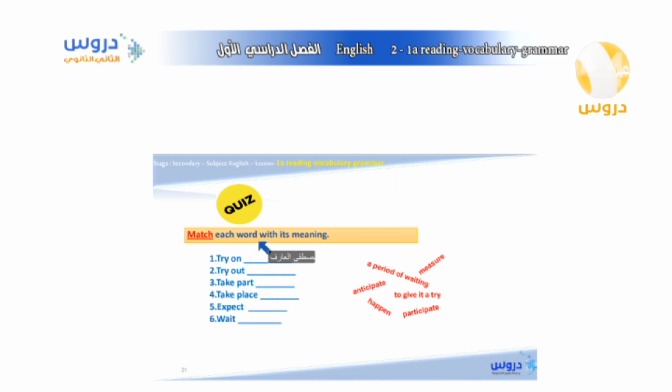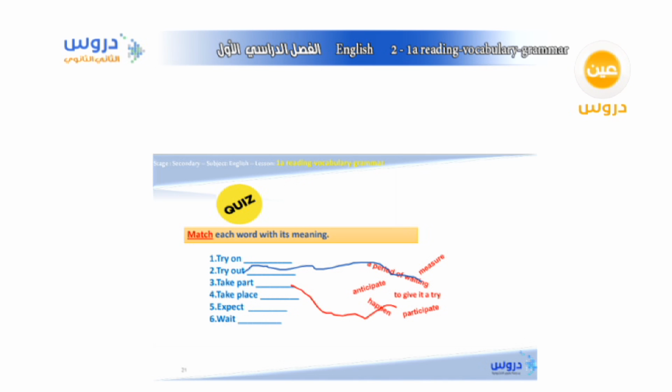So try on is best connected with what? To try on is to measure, like you try on some clothes. And another word, trying out, which is to give it a try. Yes, that's right.